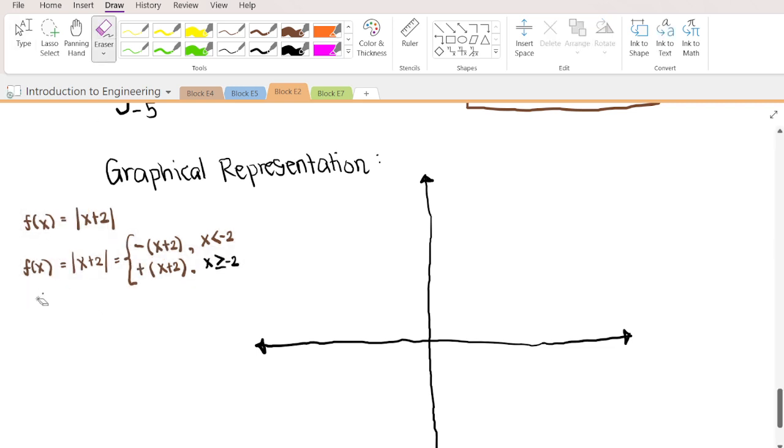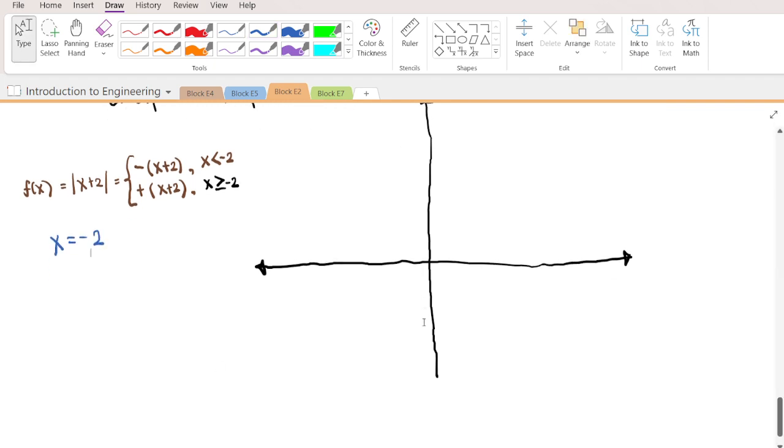So, remember that an absolute function is a form of piecewise function wherein it's composed of two functions. So, again, our boundary value of x is x equals negative 2. If we're going to plot that one, we have negative 1, and then negative 2, negative 3, and negative 4.